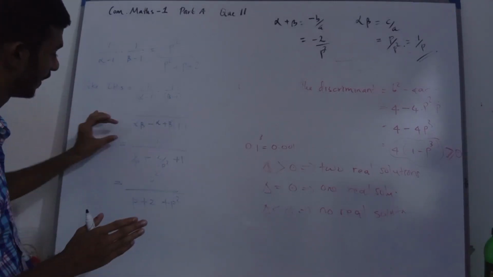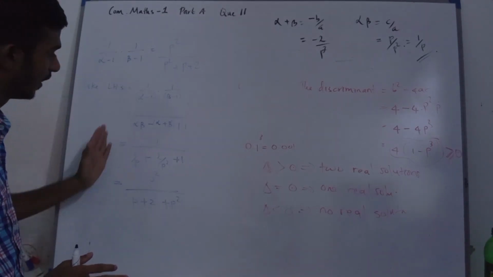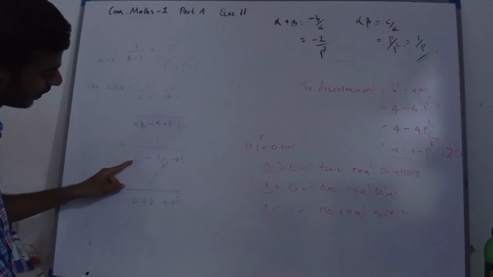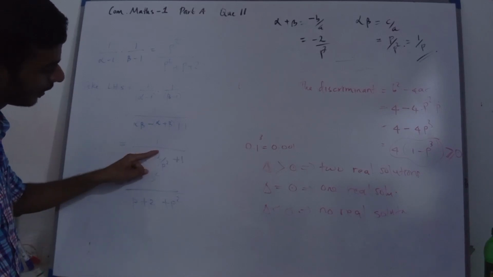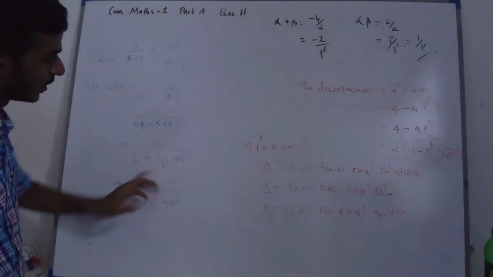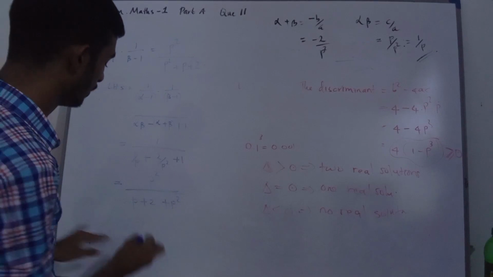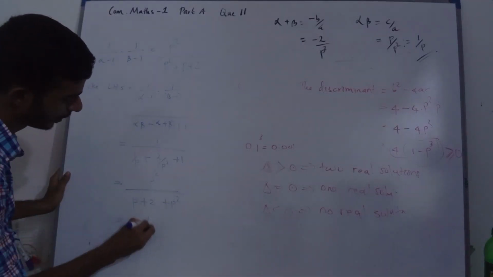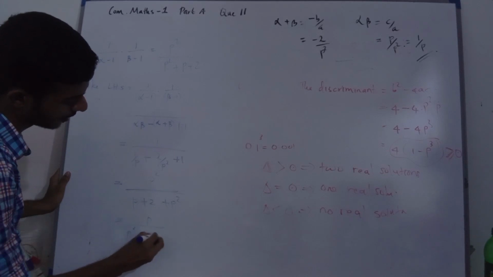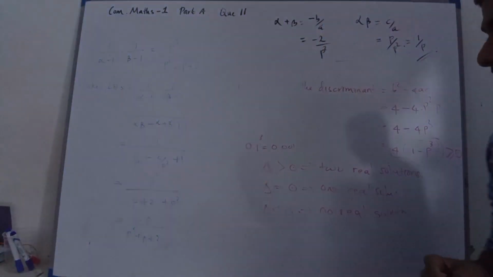You can simply think of it as both numerator and denominator being multiplied by p squared. Then here we will have p squared, then p squared divided by p, and p squared into 2 over p squared gives 2, plus p squared. So here we have obtained what we had to show: p squared over p squared plus p plus 2. This is also very simple. You don't need to spend much time on this.